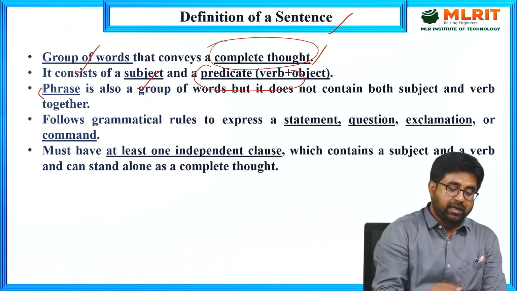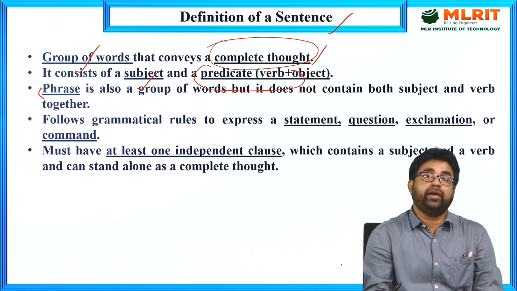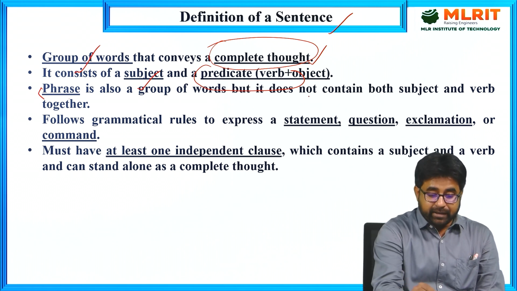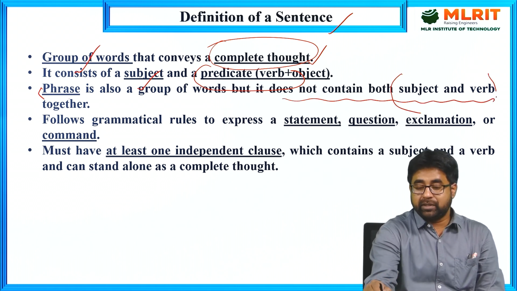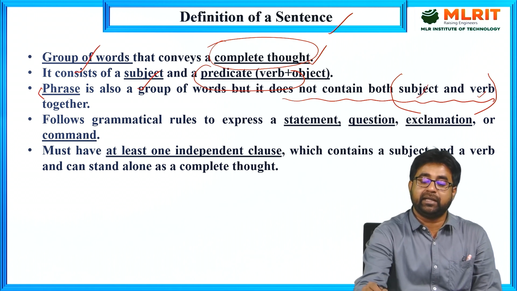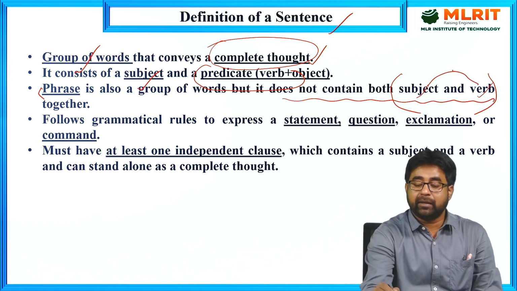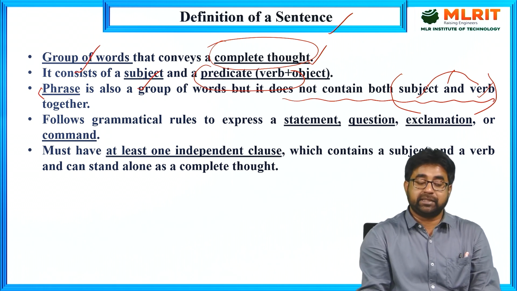On the other hand, a phrase is a group of words that also can convey a complete thought. But what you have to look for is that it doesn't contain both subject and verb together. This pair you won't find in a phrase. You can find either a subject or a verb individually, but they won't be together in a phrase. So that is the basic difference between phrase and sentence.